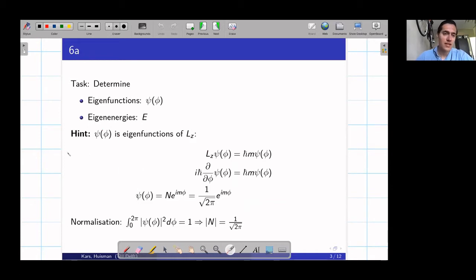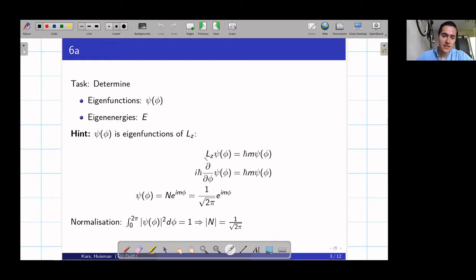Okay, so let's start with 6a. We're asked to calculate the eigenfunctions of the electron and the eigenenergies. And a hint is given: these psi of phi are also eigenfunctions of the operator Lz. So you let Lz work on the eigenfunction, and then you should return h bar m times that function.